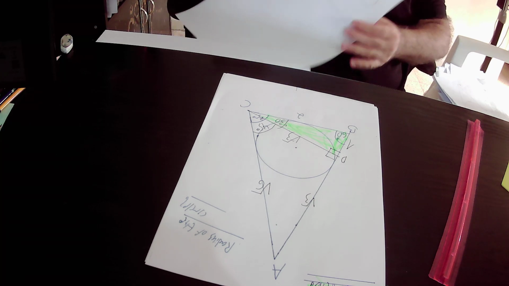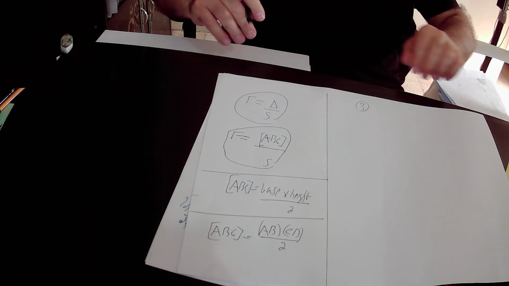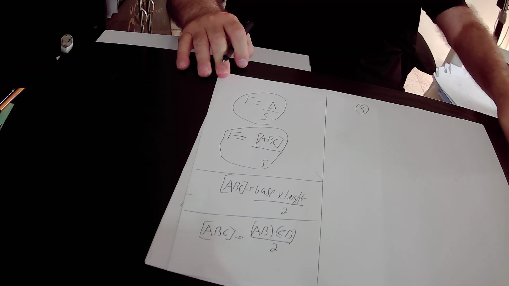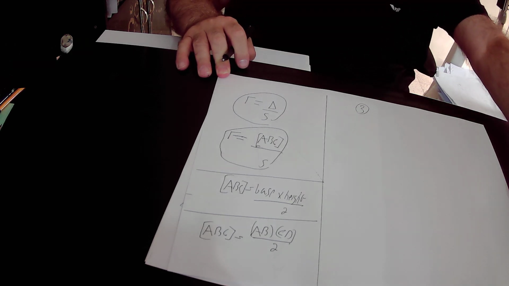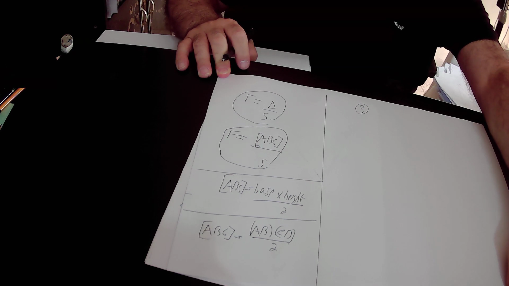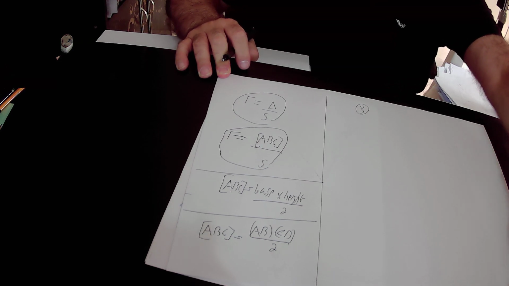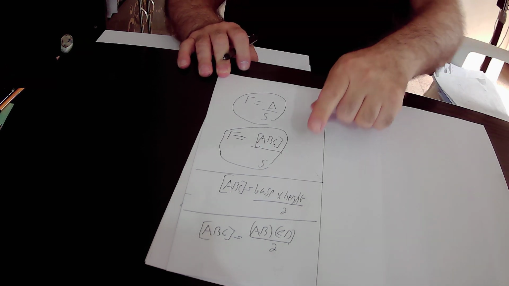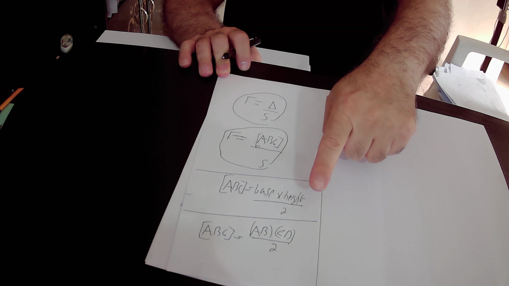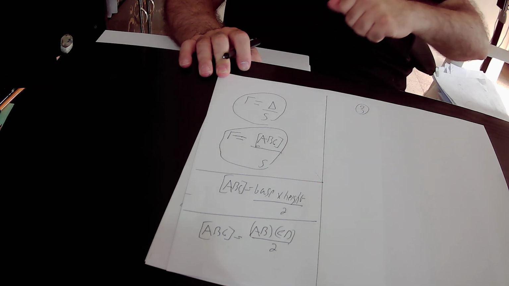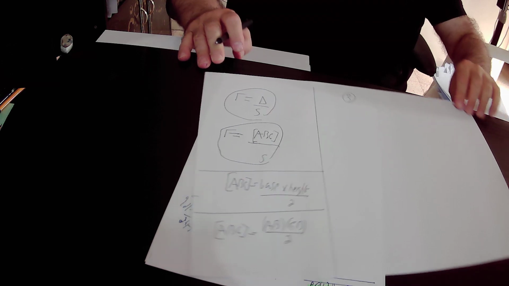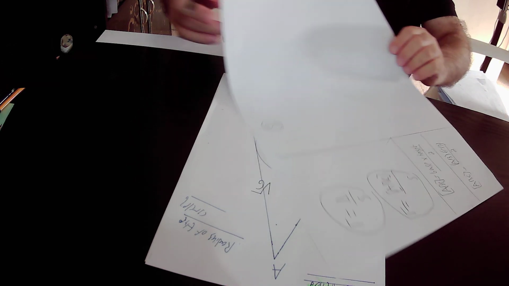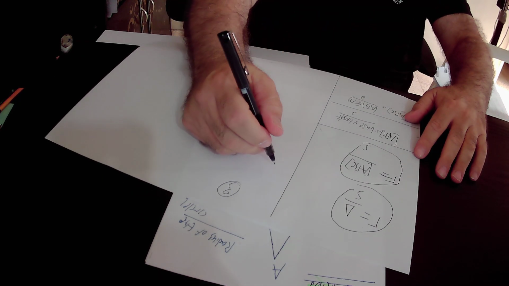So in conclusion, the area of triangle ABC is equal to the base AB times the height CD over 2.